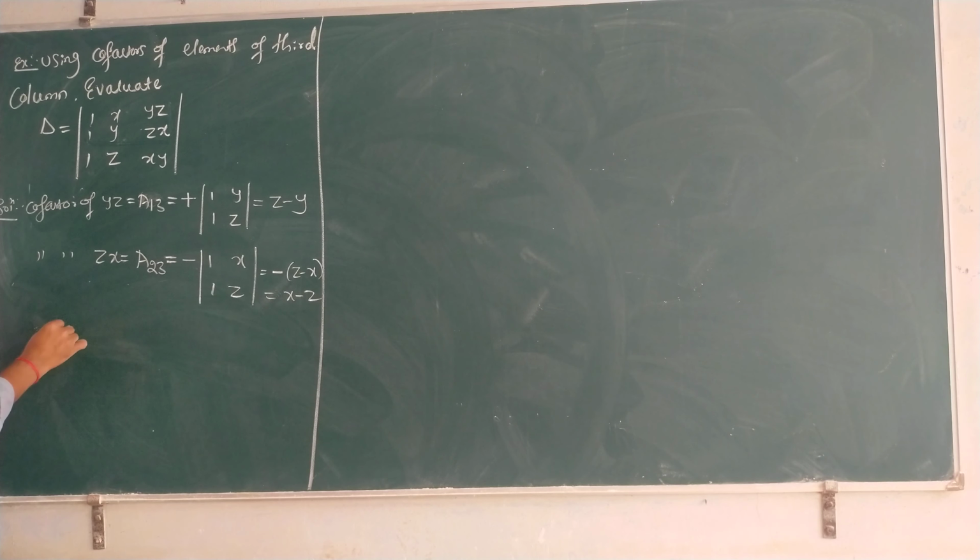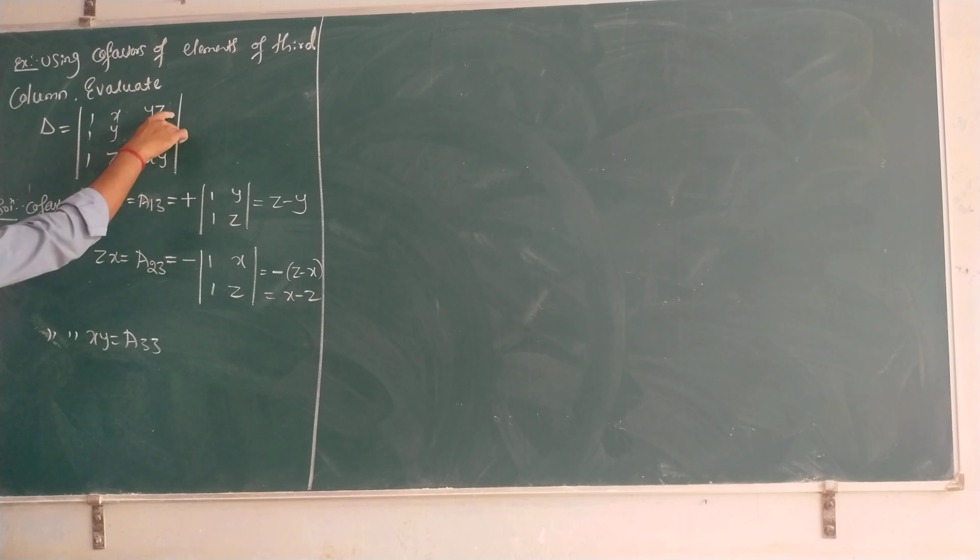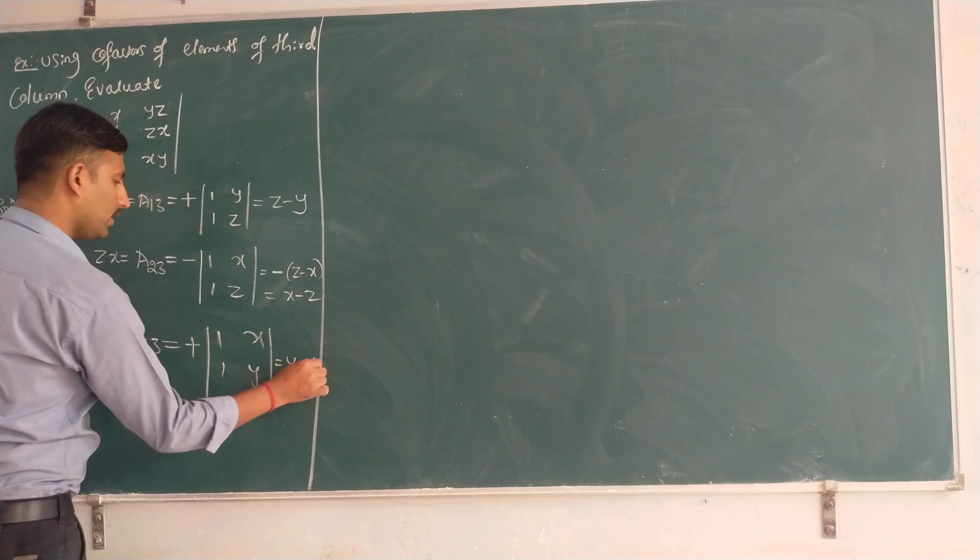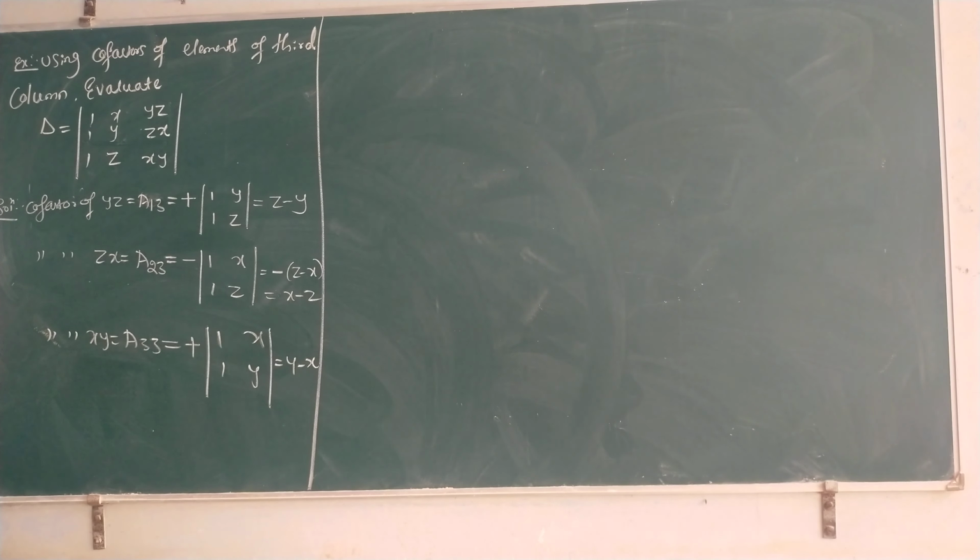After that, cofactor of xy, which is equal to a33, a21, a13, a23, a31, or a33, sorry, a33. A33 is nothing but plus minus plus. Position is 1x, 1y, which is nothing but y minus x.